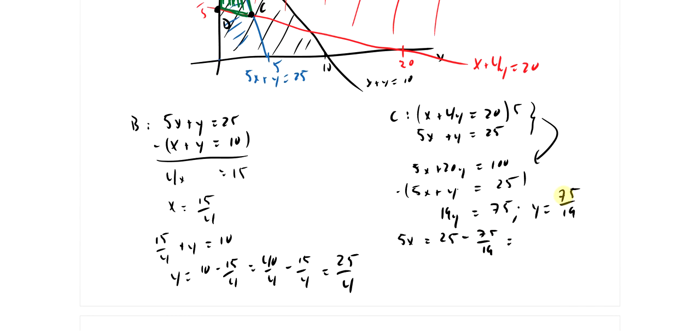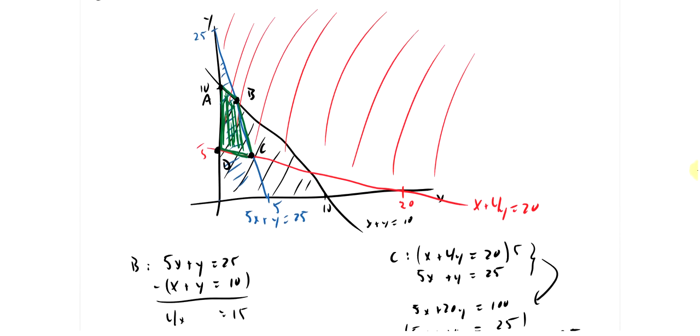That's what I get if I plug this in here and then move it over to the other side. 25 is 475 over 19 minus the 75 over 19, and so that gives us x equals 400 over 19. Great. So now we figured out what the points B and C were.